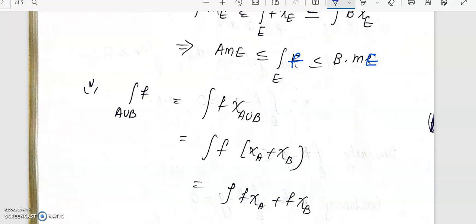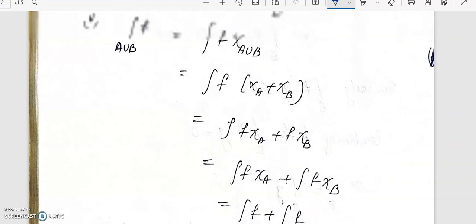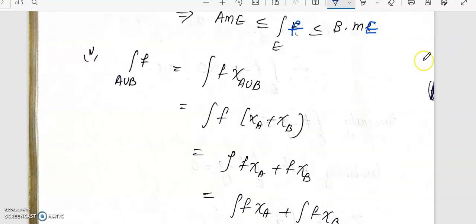The fifth and the last result is, integral over A union B of f is equal to integral over A of f plus integral over B of f. So let us look at the result.